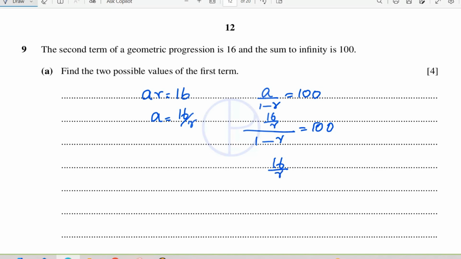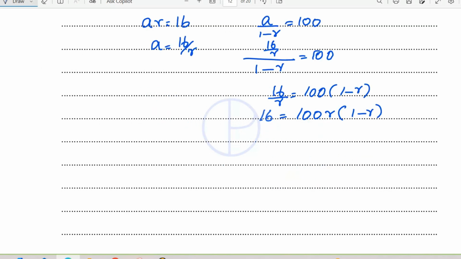So 16 divided by R equal to 100 multiplied by 1 minus R. This can be written as 16 equal to 100 R multiplied by 1 minus R. So 16 is equal to 100 R minus 100 R square. So 100 R square minus 100 R plus 16 equal to 0.